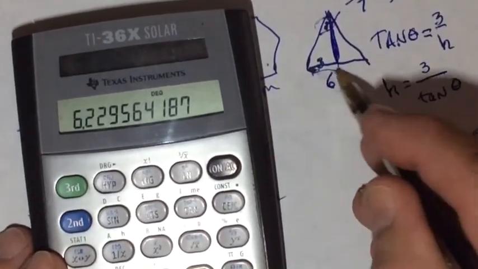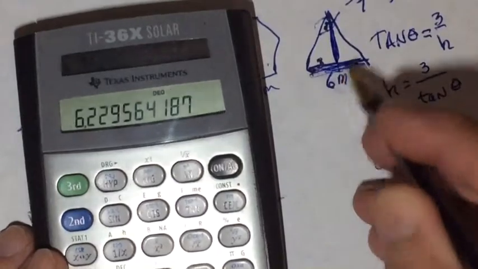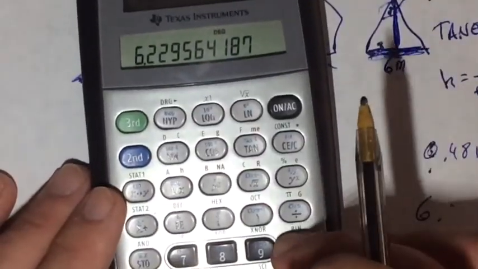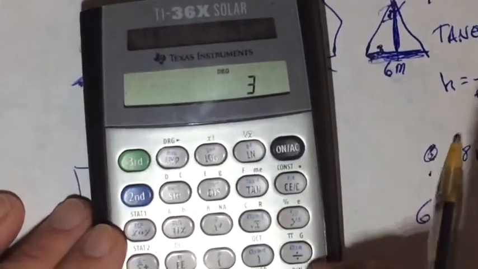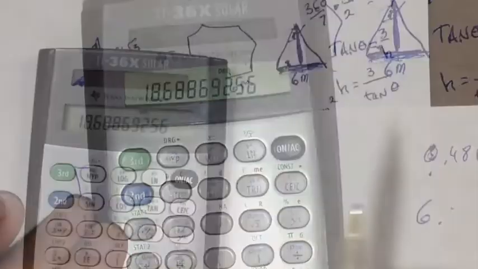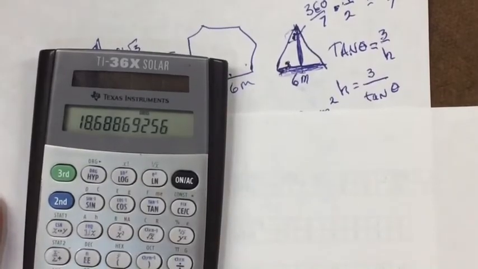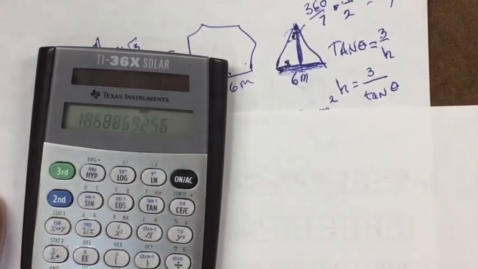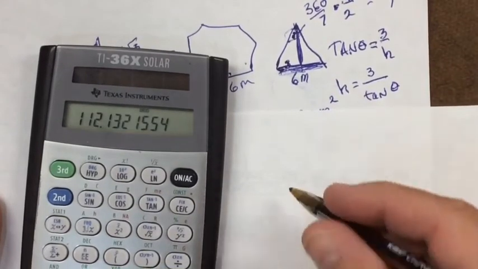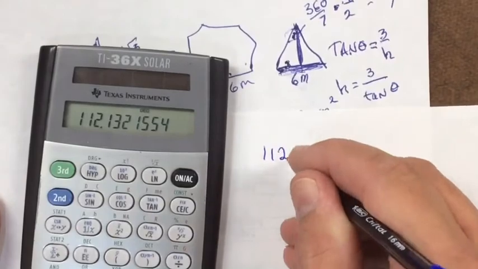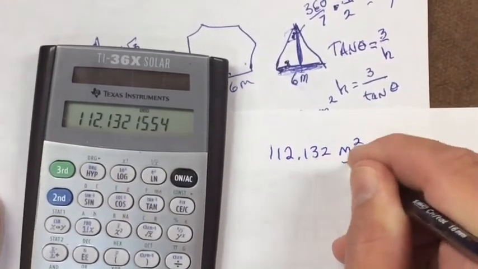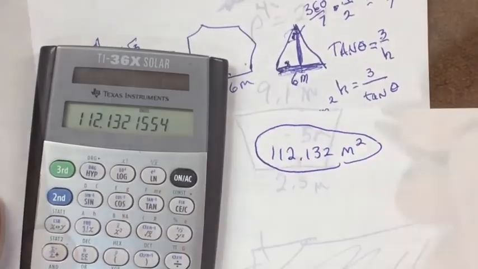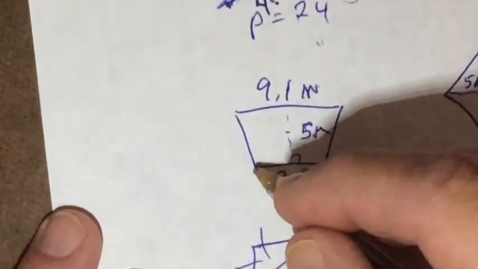Now, if I multiply that times 1/2 of the base, by multiplying that by 3. And since this is a regular hexagon, if I multiply that times 6, I get 112.132 meters squared, and that's your answer.